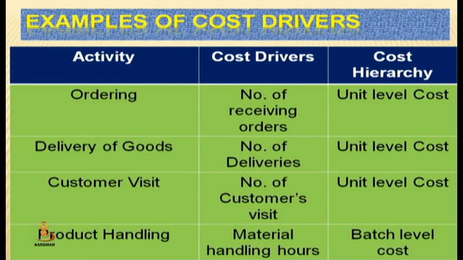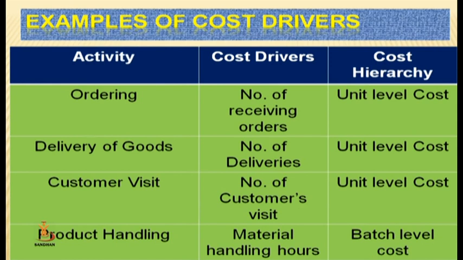So ordering is one of the activities. This is a very essential, very important activity to manufacture a product: how much to order, who the suppliers are, etc. So this is treated as one of the essential activities.